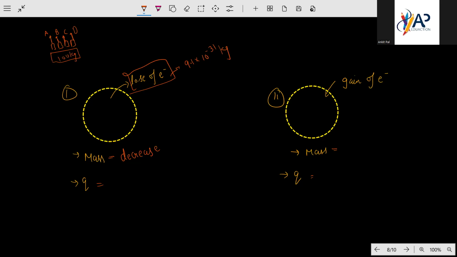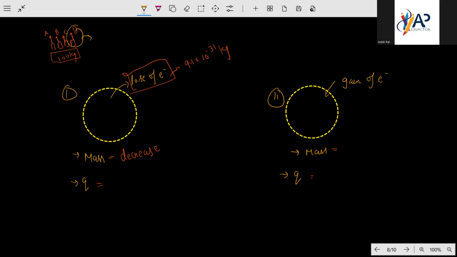If I remove one student from the weighing machine, will the mass increase or decrease? Decrease. Why? Because every body contains mass, and if the electron leaves the atom, mass is also leaving the body. It means mass will decrease.